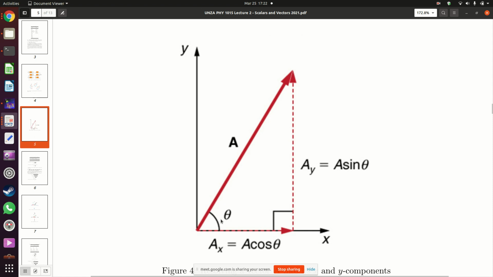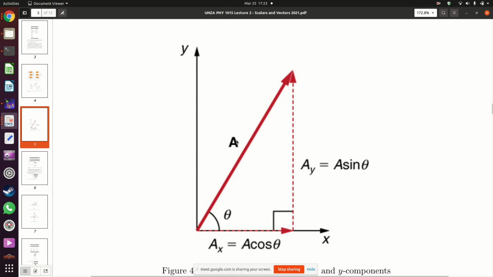So from the definition of the x component and the y component, we'll start with the x component. The x component, Ax, is the size of vector A along the x-axis. How do we do that?